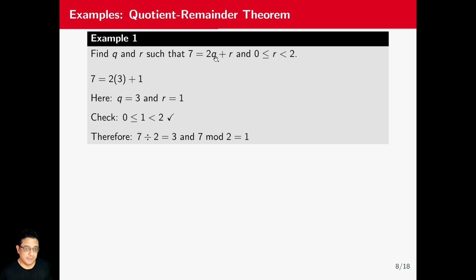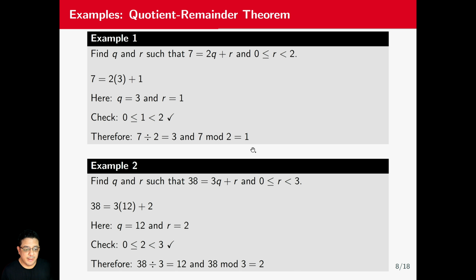So 2 times 3 is 6, plus 1 is 7, and so I can do this representation. My remainder here is 1, less than 2, as I was expecting. So q and r are 3 and 1, and they hold all that we were expecting. Therefore, 7 divided by 2 is 3, and 7 mod 2 is 1.